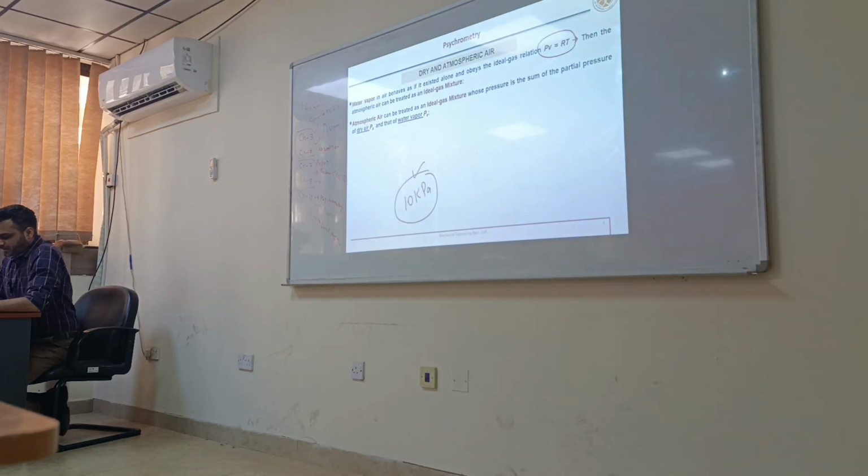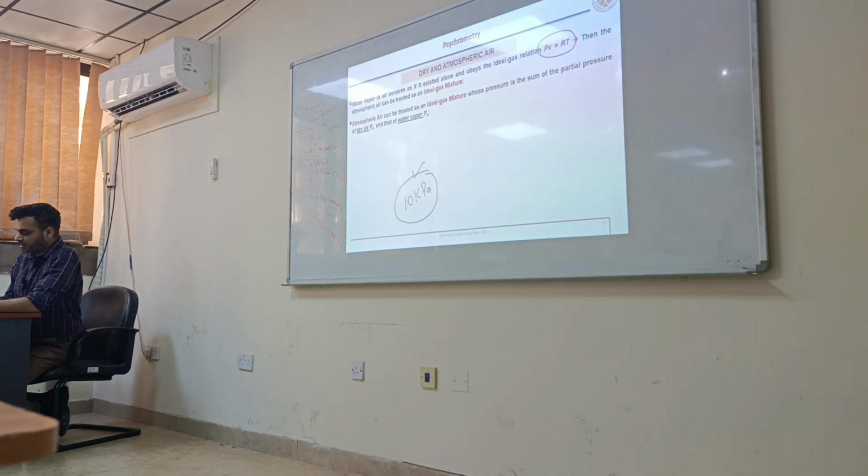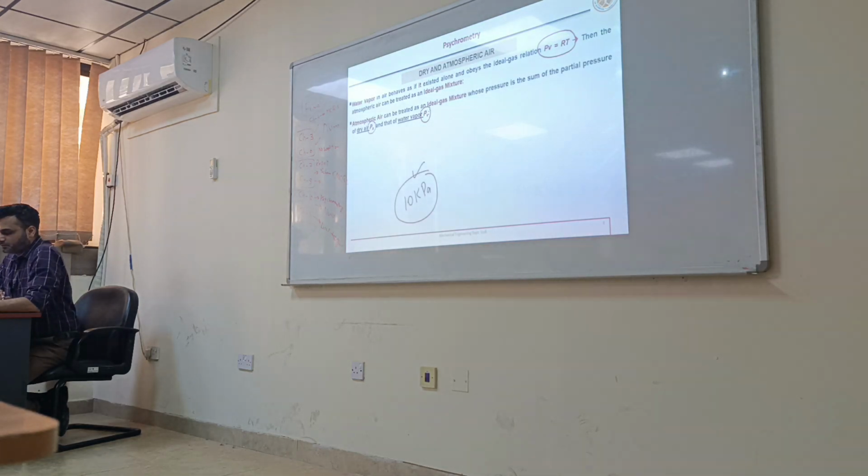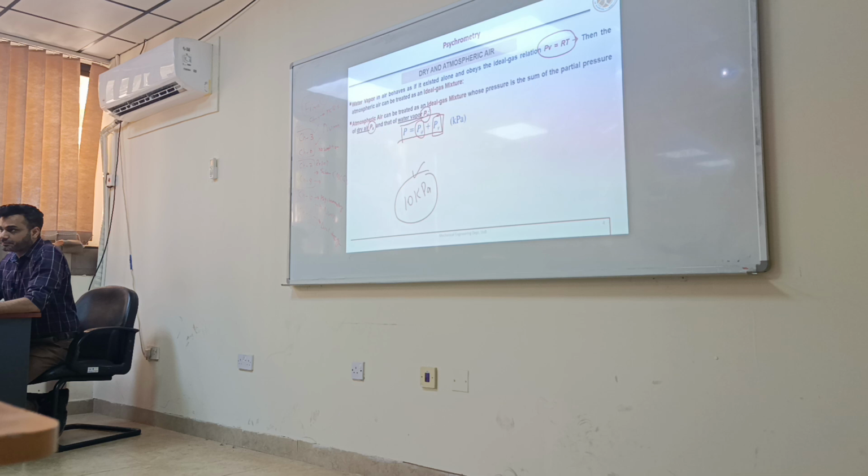Okay. So the atmospheric pressure consists of two parts. One is the pressure due to dry air and the second is the pressure due to water vapor. The dry air part does not change a lot, but the vapor part is changing all the time on the surface of the earth.